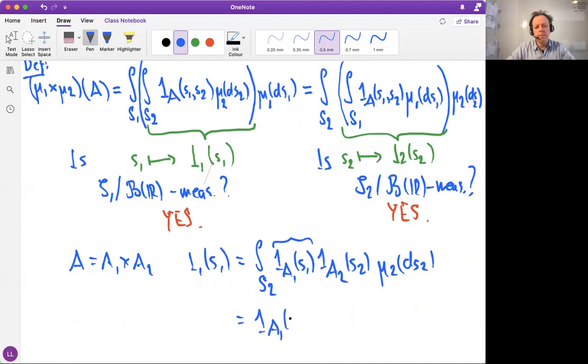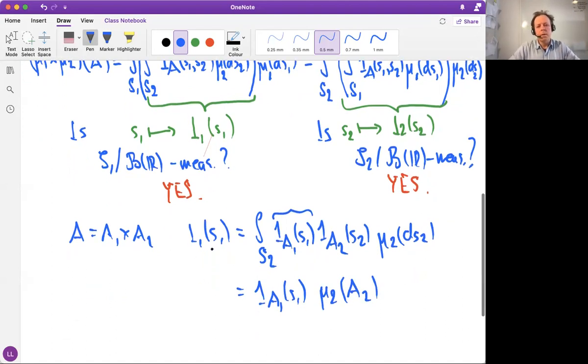Then we have an indicator A2 integral with mu2, so we get the measure mu2 of A2. So the map in terms of S1 is now again S1 maps to this, multiplied by a constant. So again, the same idea. For rectangles, things work well, and both answers are yes, and we check for rectangles in this way.